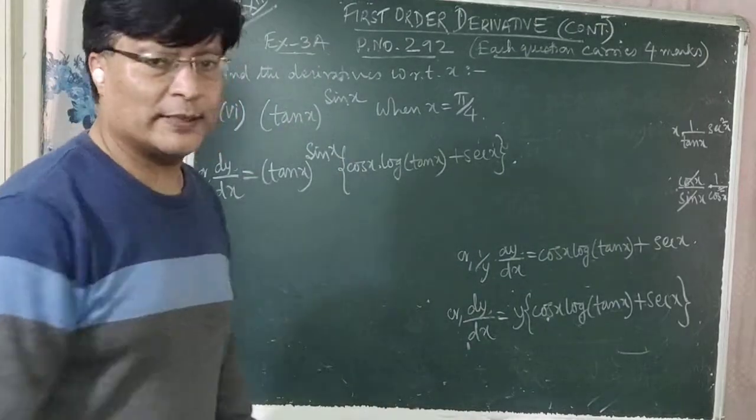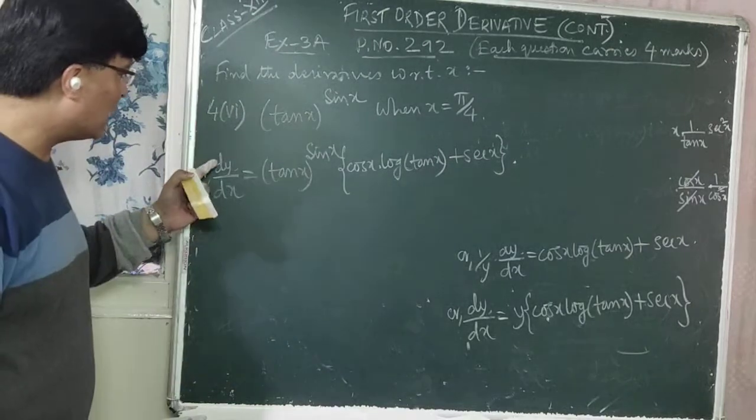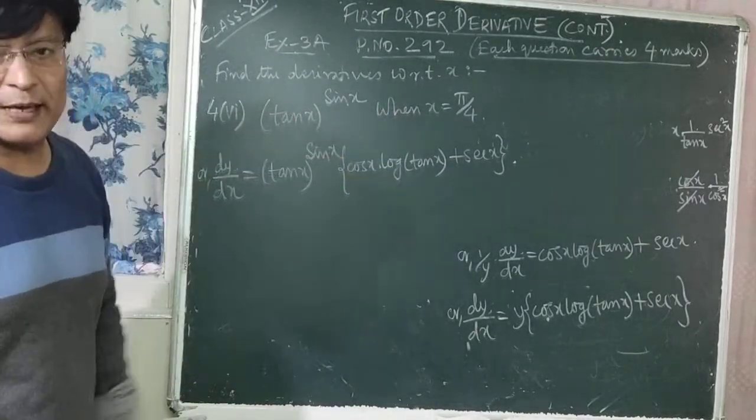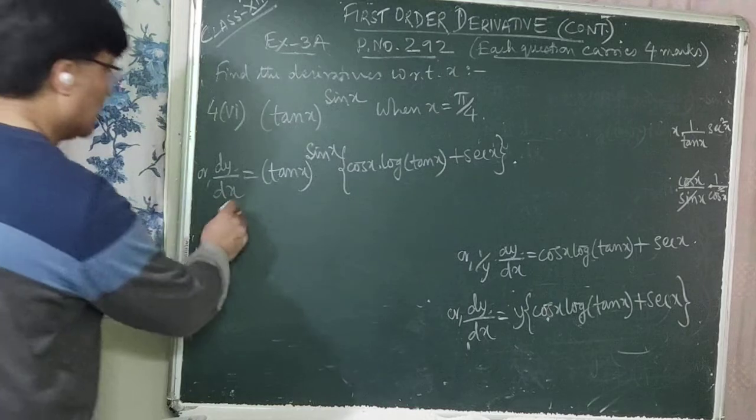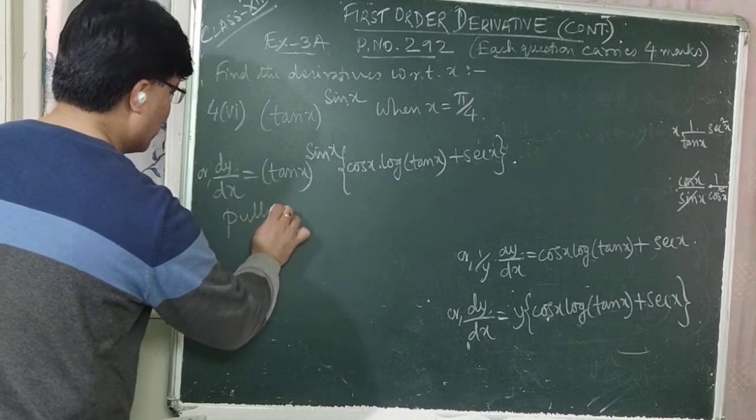So this is your dy by dx, but you have to find out the value for dy by dx when x is equal to pi by 4. Now you will put x is equal to pi by 4.